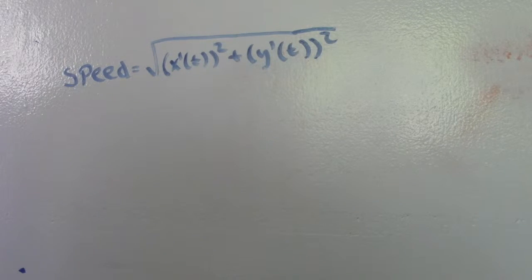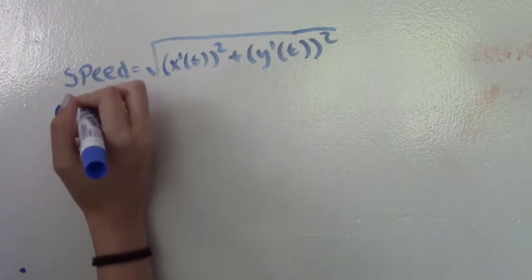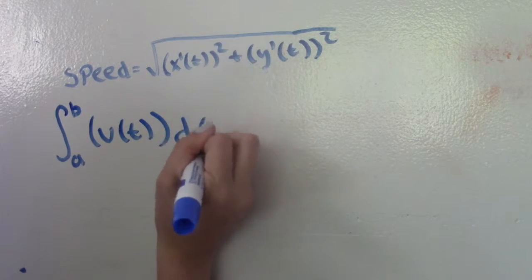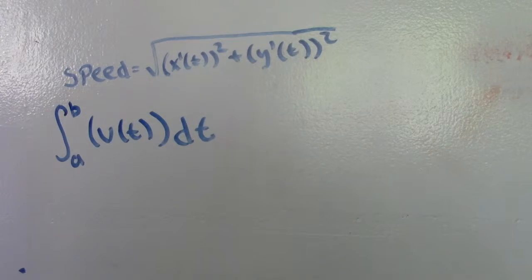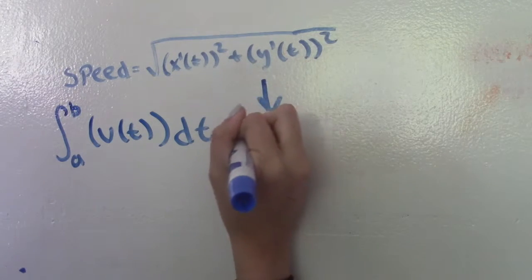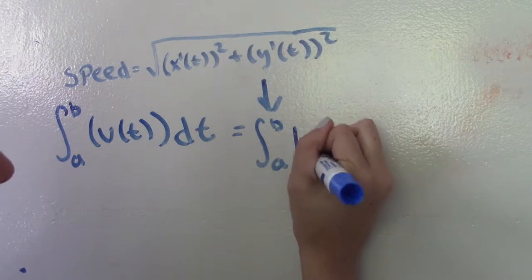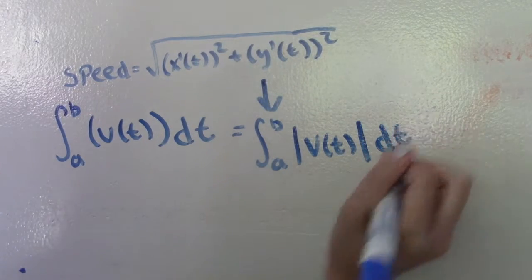The other question relating to speed could have something to do with the distance. And if we remember, distance is just the antiderivative of velocity. So if this speed is essentially our velocity function without direction, we could also say that it's equal to the antiderivative of the absolute value of v of t, our velocity function, with respect to t.